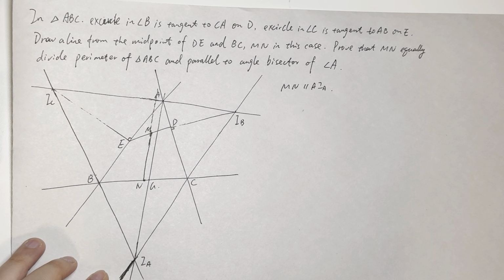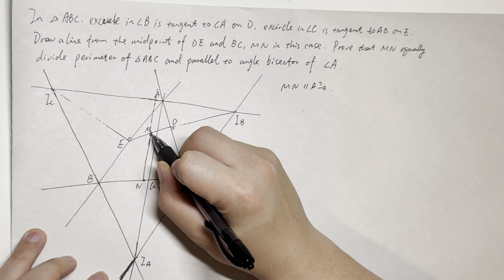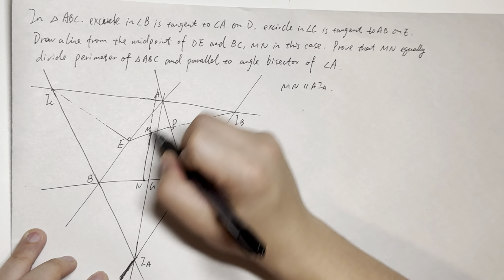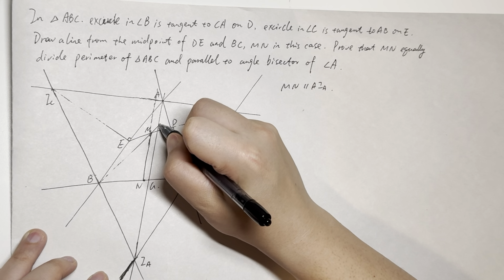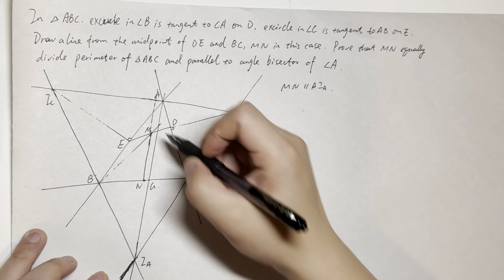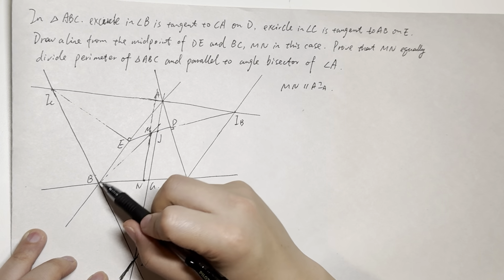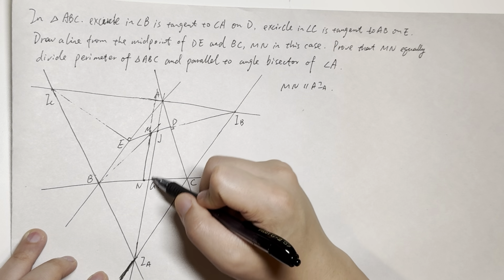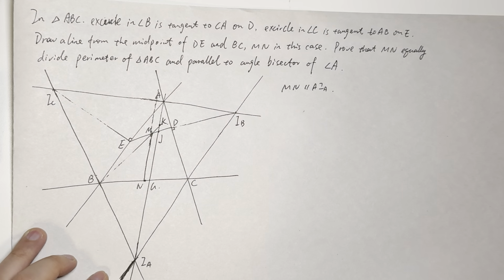So the method here is to just connect BM and extend it. Let's call this point J, and we connect BM, extend it, and meet AG at K, for example, here.